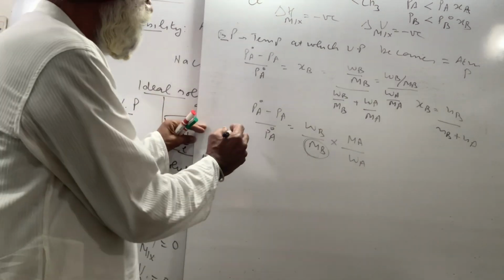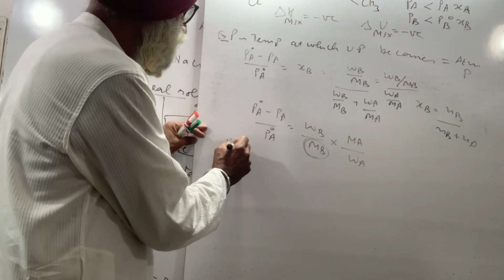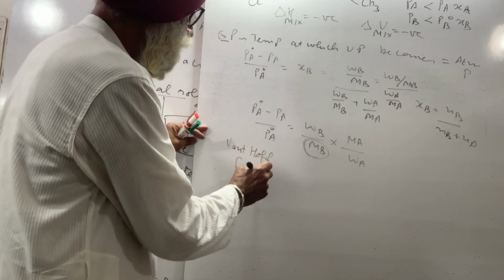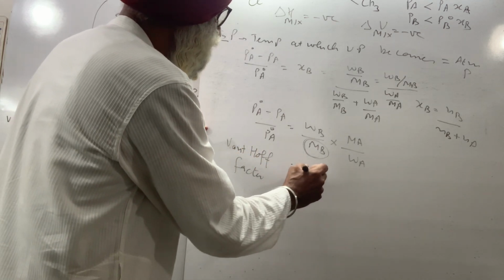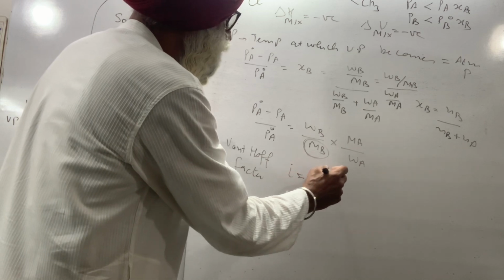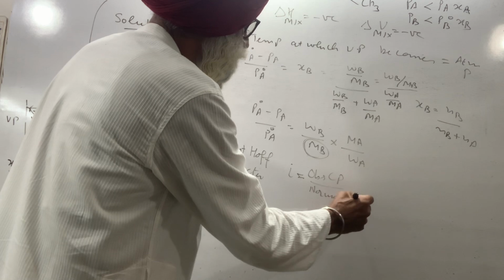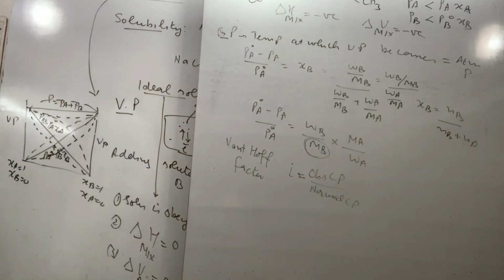So here we have the van't Hoff factor. It is I. It is given by observed colligative property over normal colligative property. Observed means whatever we have determined experimentally. Normal means whatever it should be theoretically.